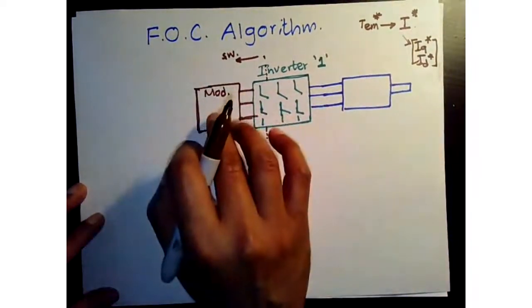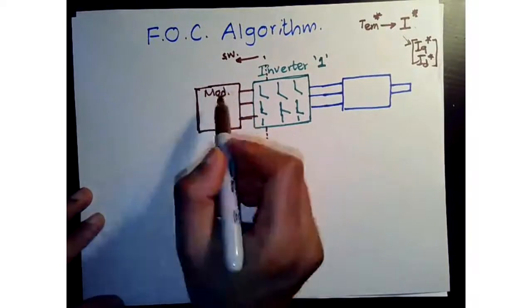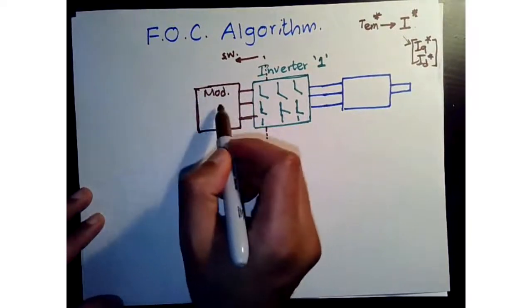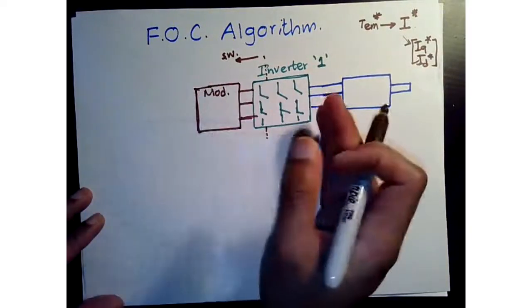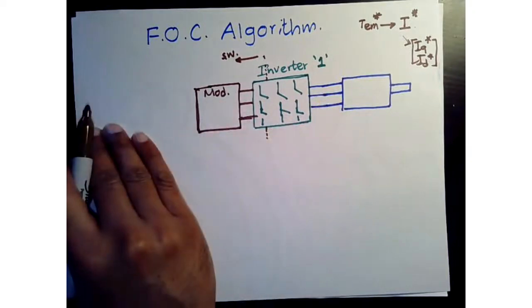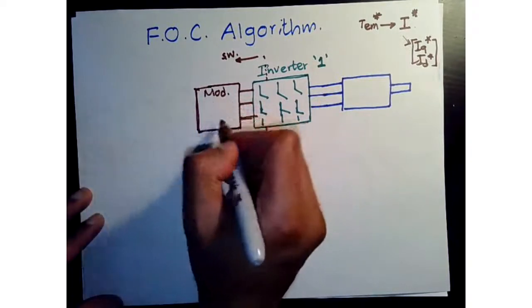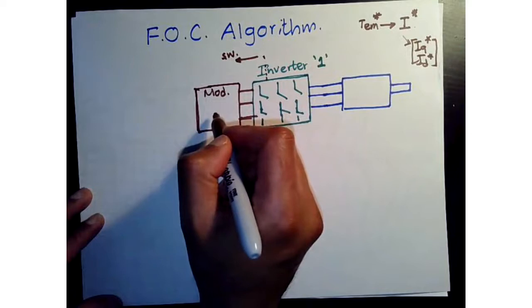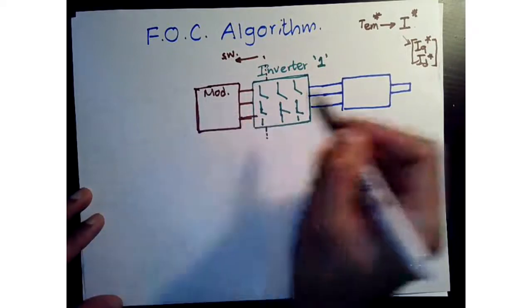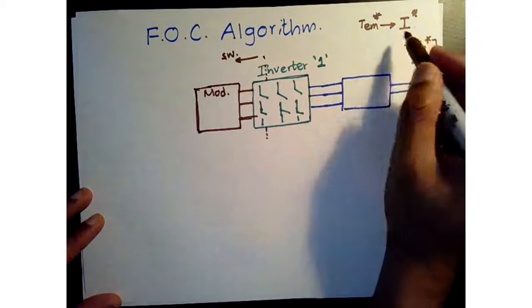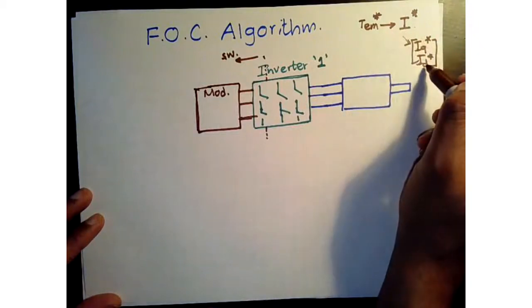Exactly. That's correct. So that modulation strategy, depending on what you use, will convert it back. And I'll come into what's within this modulation block. Okay, we'll talk about that. And then how do you convert your torque command to current commands?